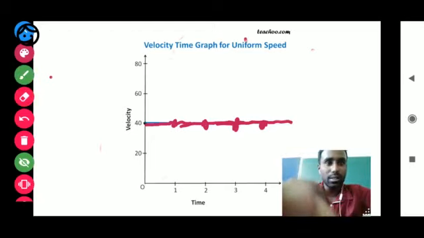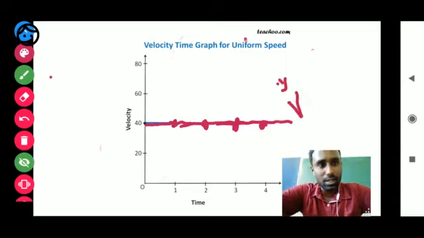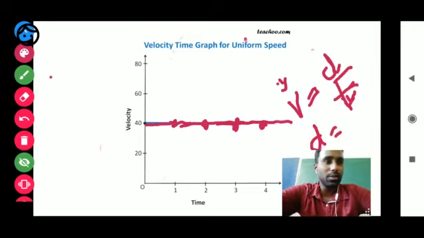So if you want to find the displacement or distance, displacement equals velocity into time.